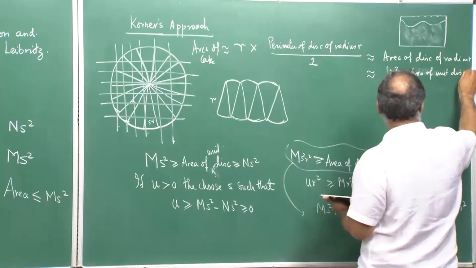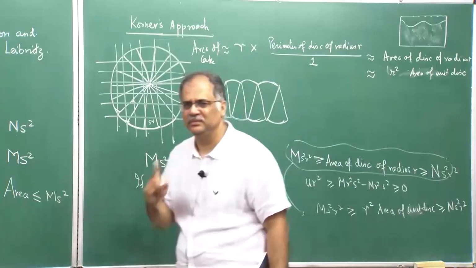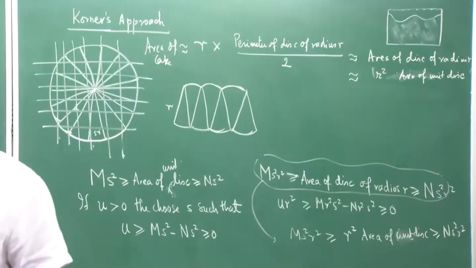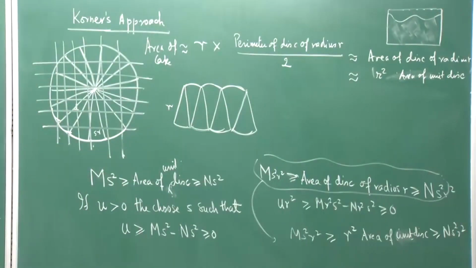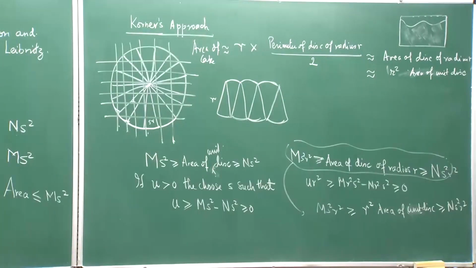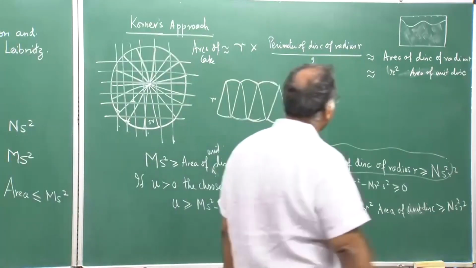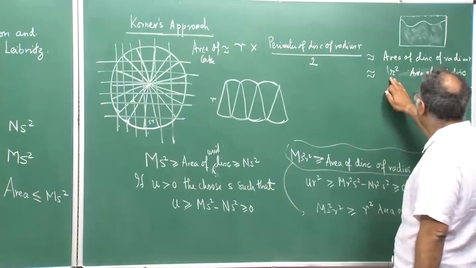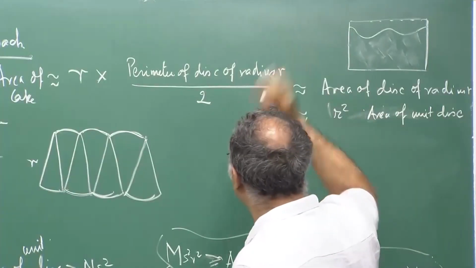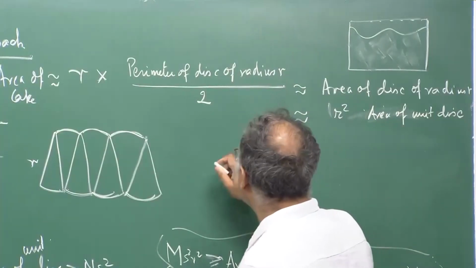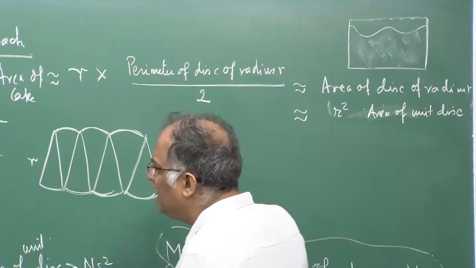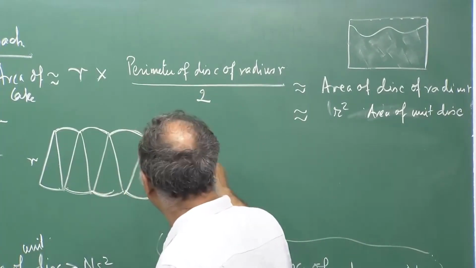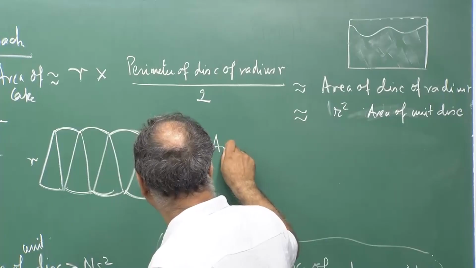Now the area of the unit disk is a fixed quantity, a constant, and let us call that constant pi.